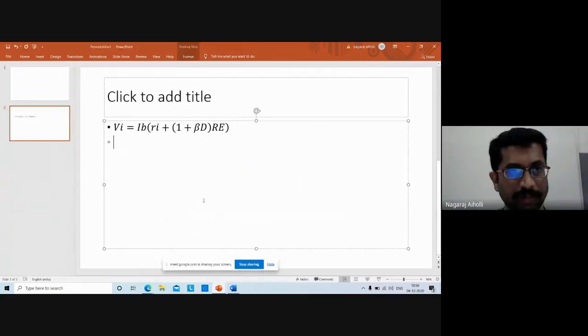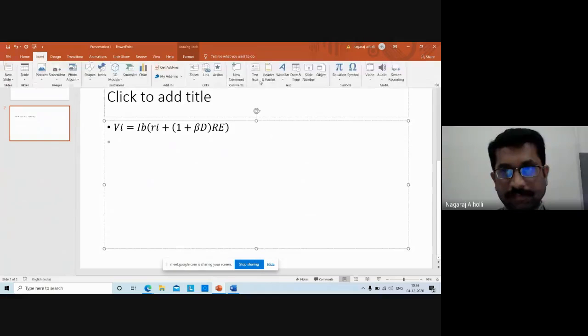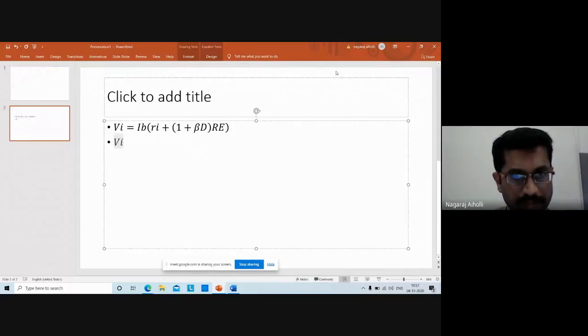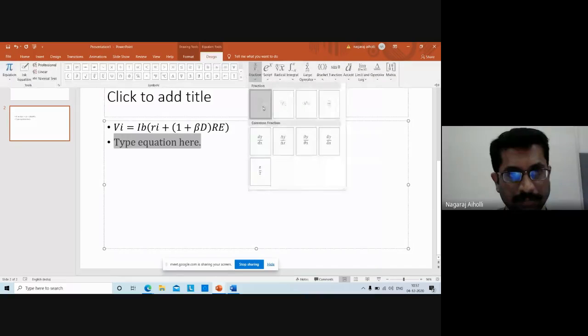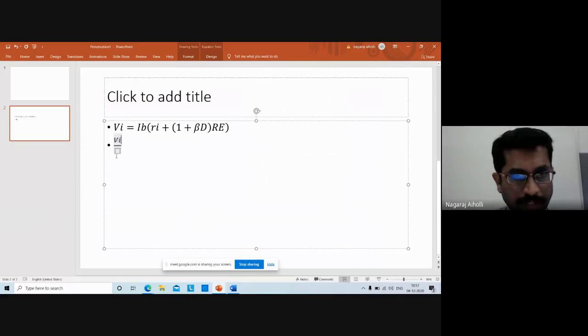Therefore, here we have Vi by Ib is equal to Ri plus (1 plus beta d) into Re.